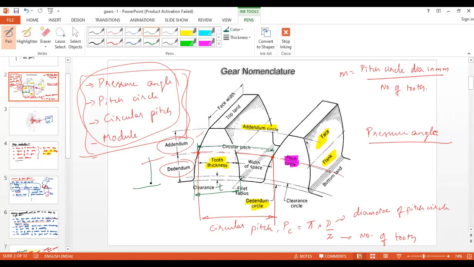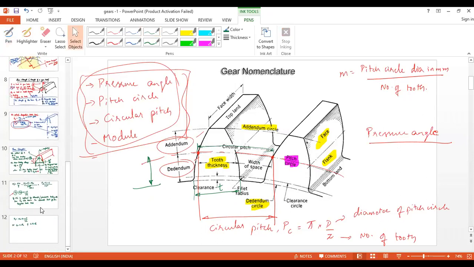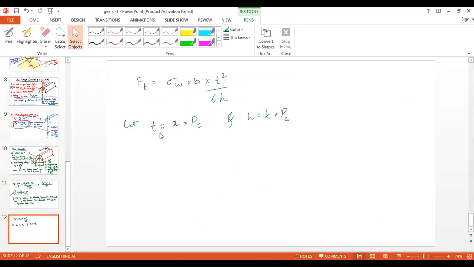Similarly, you can express H also in terms of circular pitch, so I consider H as K times the circular pitch, where X and K are constants.